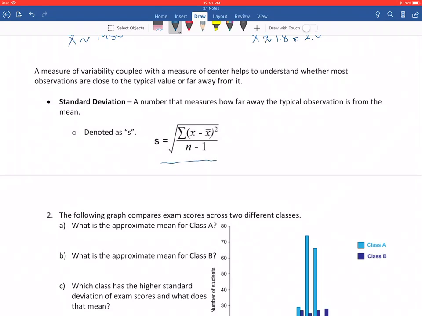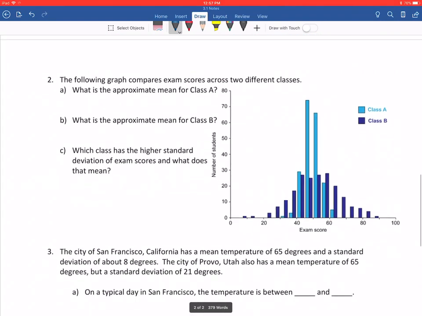Here we have the formula for standard deviation. If you had to do this by hand, this is the formula that you would have to use. However, you do not need to memorize this formula. We will use StatCrunch to calculate this. I'm just showing it to you to give you an appreciation for what StatCrunch is going to do for us.